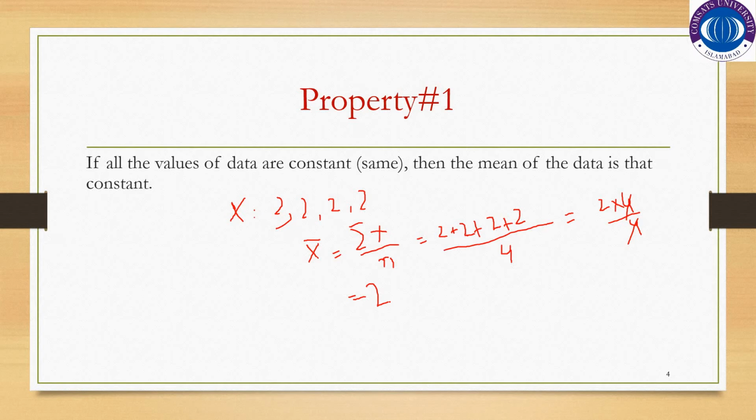So, if a data set consists of all constant numbers, then the arithmetic mean of that data set is also that constant number. Okay.